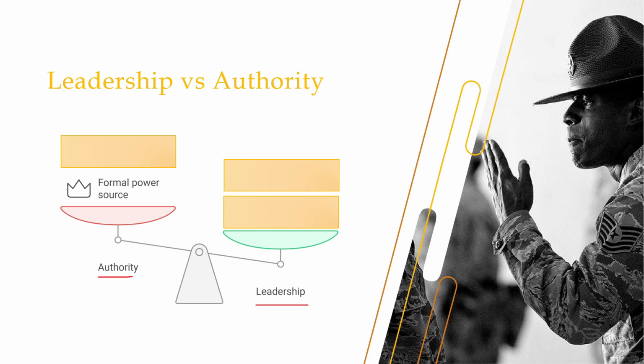So, authority basically comes from an official role, or from an official title within an organization. And this can be established through formal documentation. It could be a charter, it could be a position description. That is where authority comes from. So, it is a formal power source.